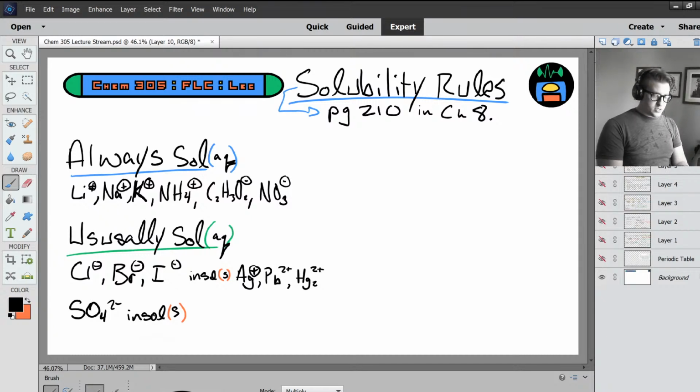So, sulfate is usually soluble, but it's insoluble when paired with calcium, strontium, barium. This is Sr, by the way. That looks like Sm, I'm going to redraw that.